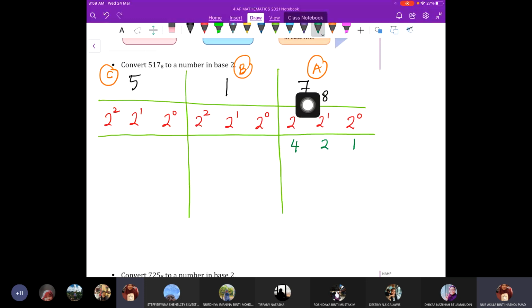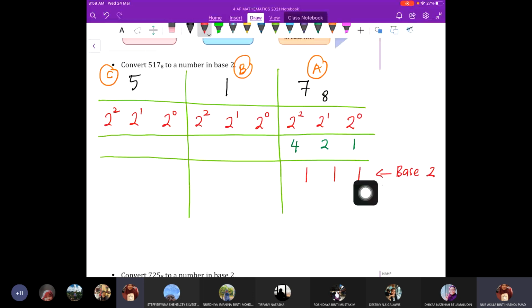Untuk saya dapatkan 7, saya perlukan nombor 4, 2 dan 1. Sebab 4 tambah 2, 6. 6 tambah 1, 7. So jadi saya perlukan semua ini. Jadi saya akan letakkan dia sebagai, saya buat satu lagi. Saya letak dia sebagai 1, 1, 1.